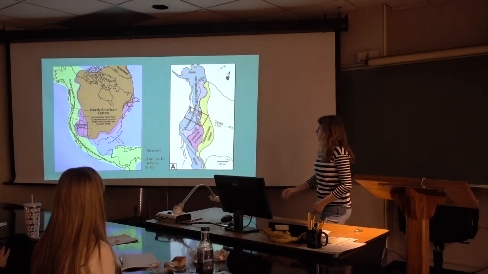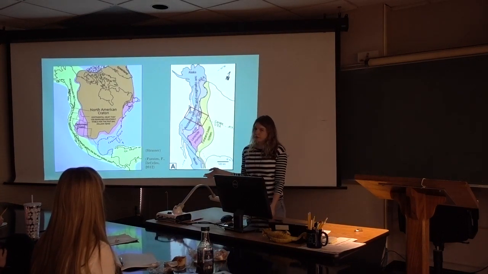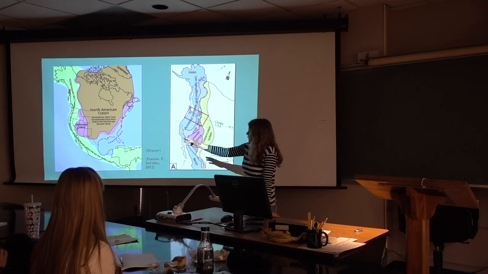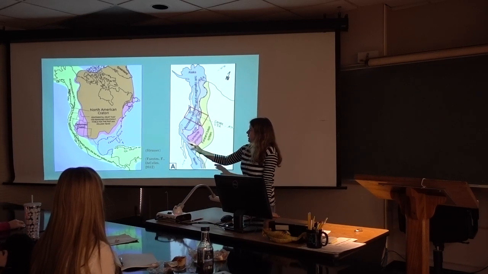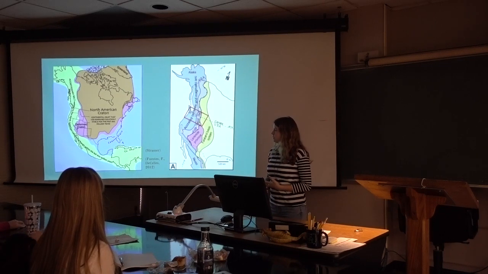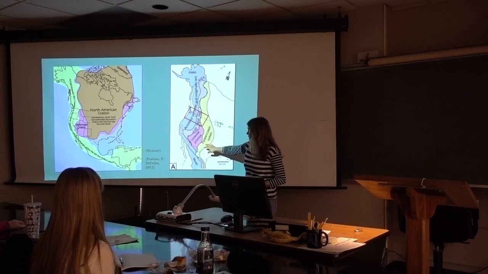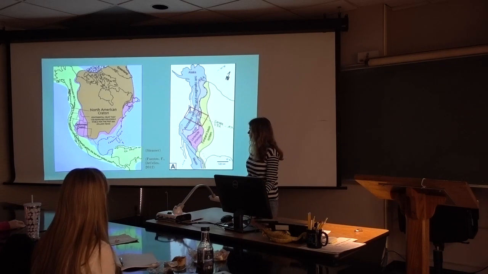Just some maps. Over here, you can see the deformed craton, which is where the Lewis thrust is located. The green on that first map is the accreted terrain that compressed that deformed craton and caused the fold-thrust region. And then down here in our Laramide province, that is our Basin and Range.